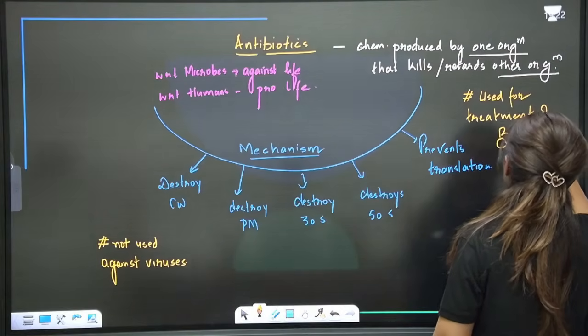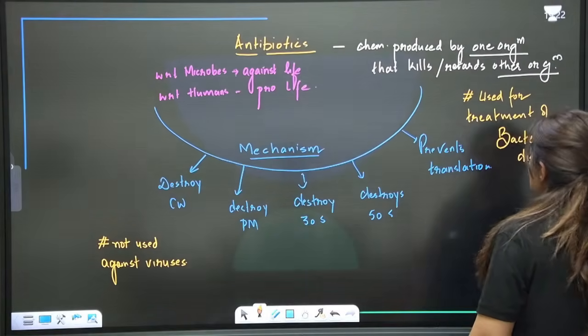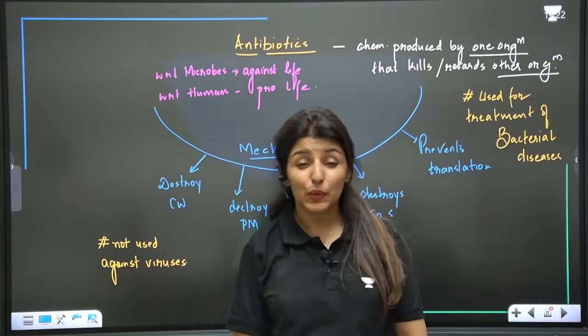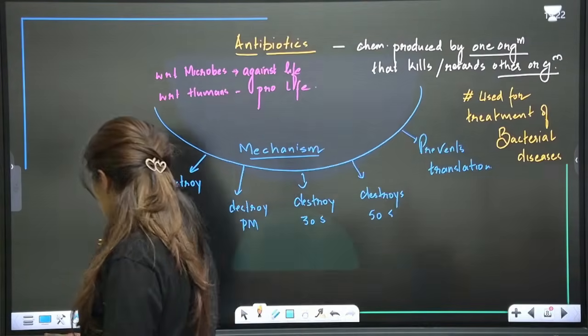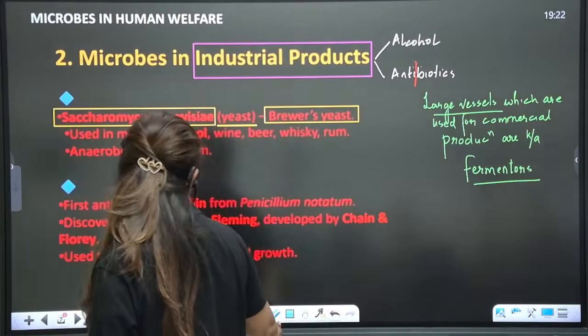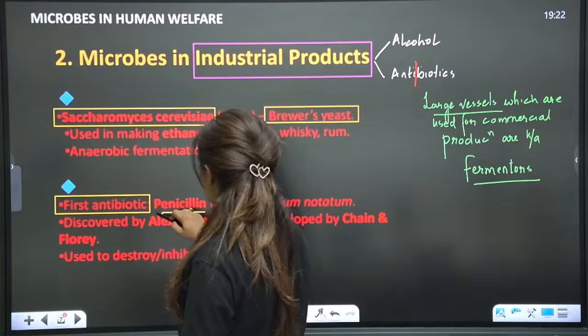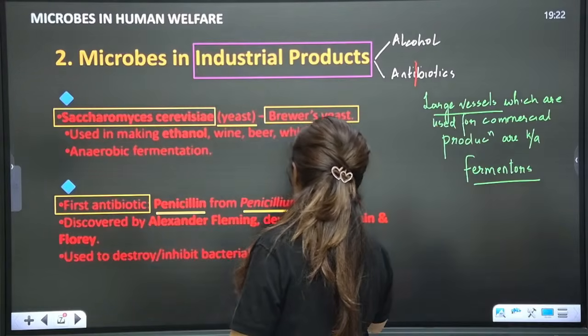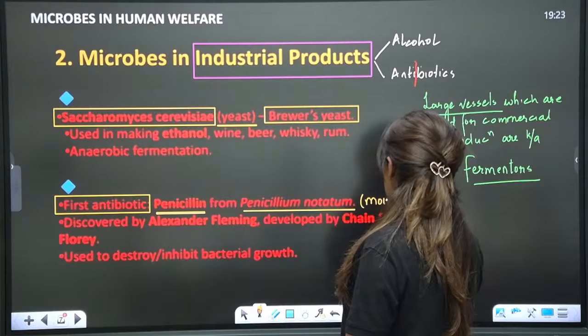The first antibiotic which was discovered was a serendipity. That means it was a discovery by chance. And who did that? It was Alexander Fleming. The first antibiotic was penicillin, coming from Penicillium notatum, which is a fungus or a mold basically.